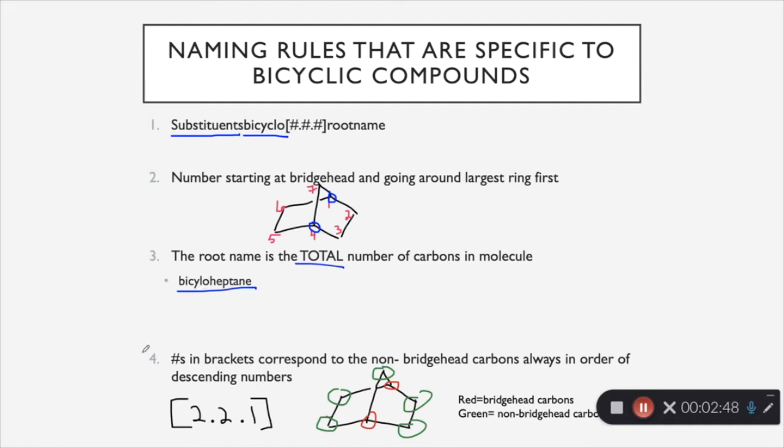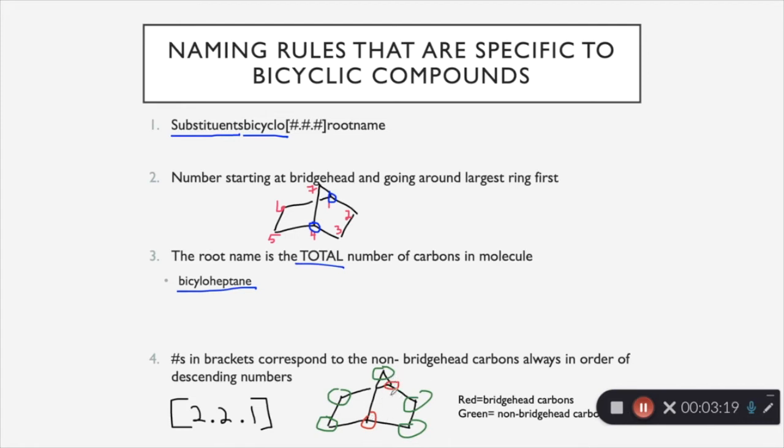Number 4 is where we see what those numbers are. The numbers in the brackets correspond to the non-bridgehead carbons, always in order of descending numbers. So like I said, here are the bridgehead carbons, and then in green are the non-bridgehead carbons.